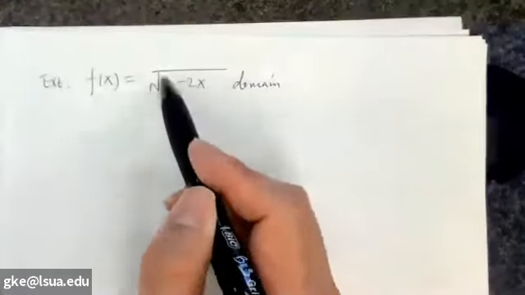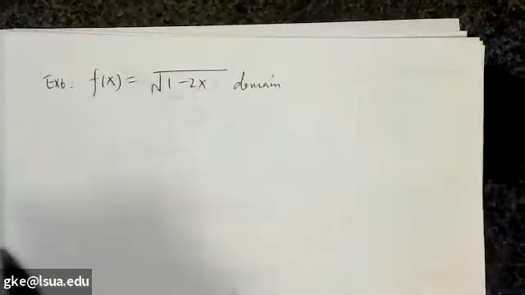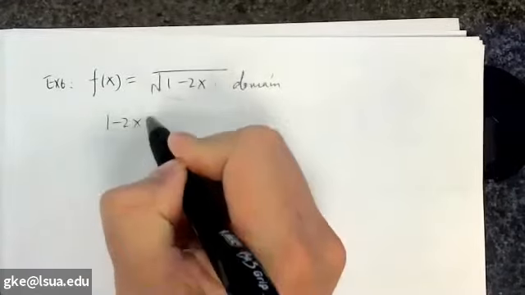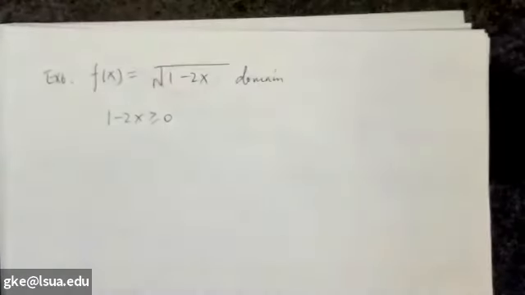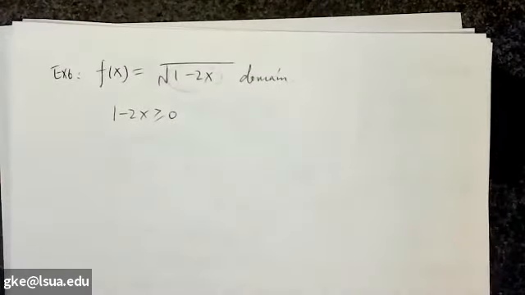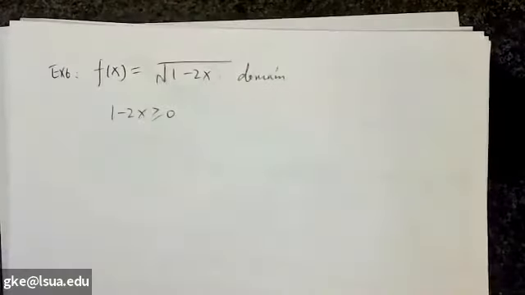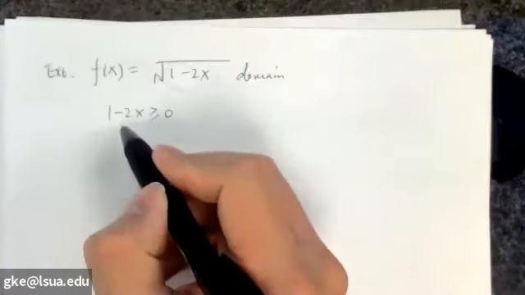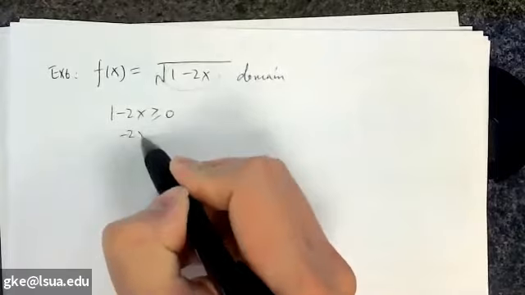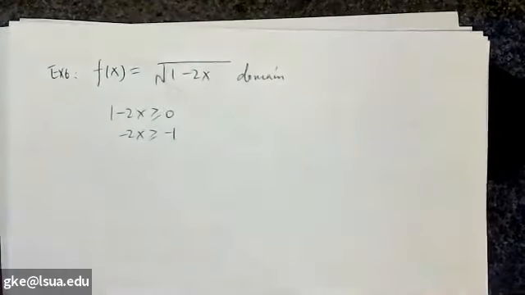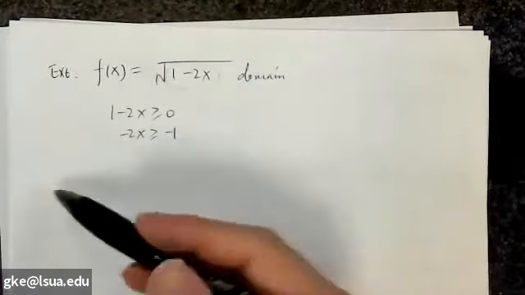Here is the square root, right? So that means 1 minus 2x is greater than or equal to 0. To solve this inequality, subtract 1 from both sides, and we get this.